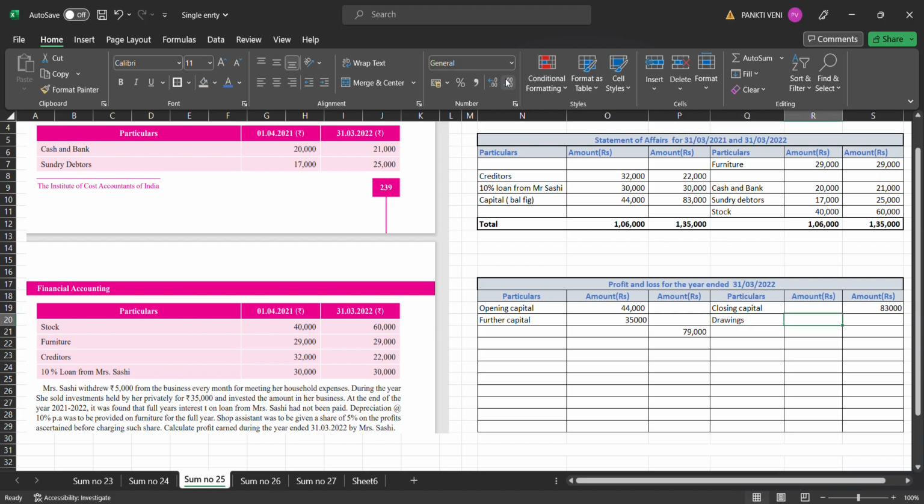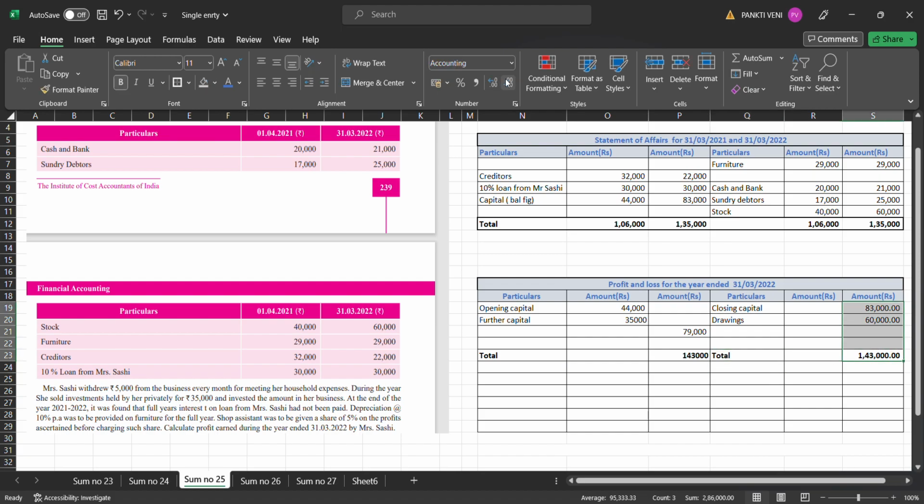Then you have drawings. Drawings is 5,000 per month she is withdrawing, right? First line of the question, 5,000 per month. So I added drawings, and after adding I'm getting 1,43,000 as my total amount.